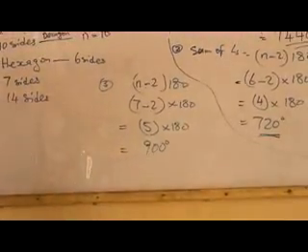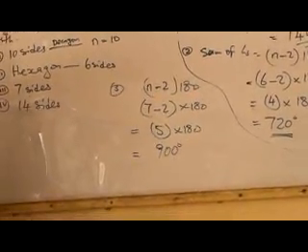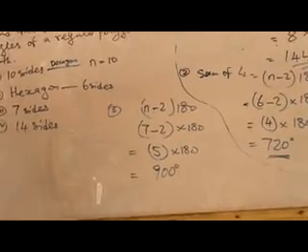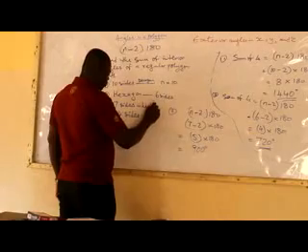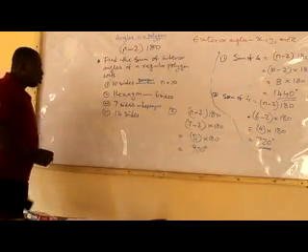So the sum of angles in a polygon with 7 sides is 900 degrees, and the polygon with 7 sides is called a heptagon.